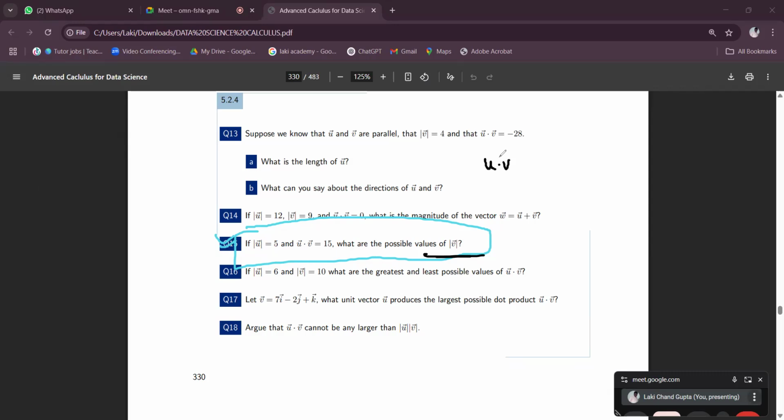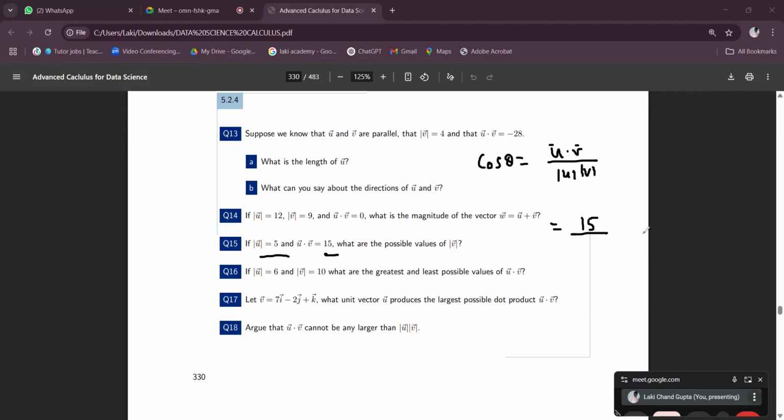You know, cos theta is what? U dot v is 15. So we're talking about question 15, right? U is 5.